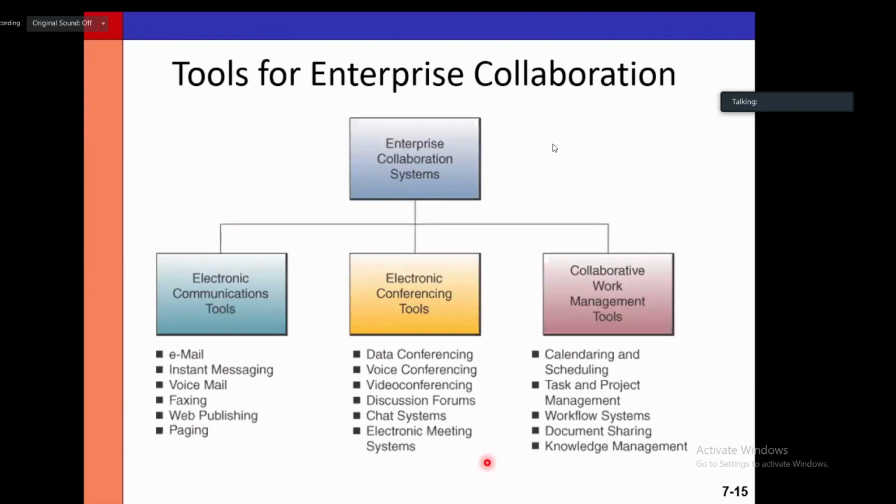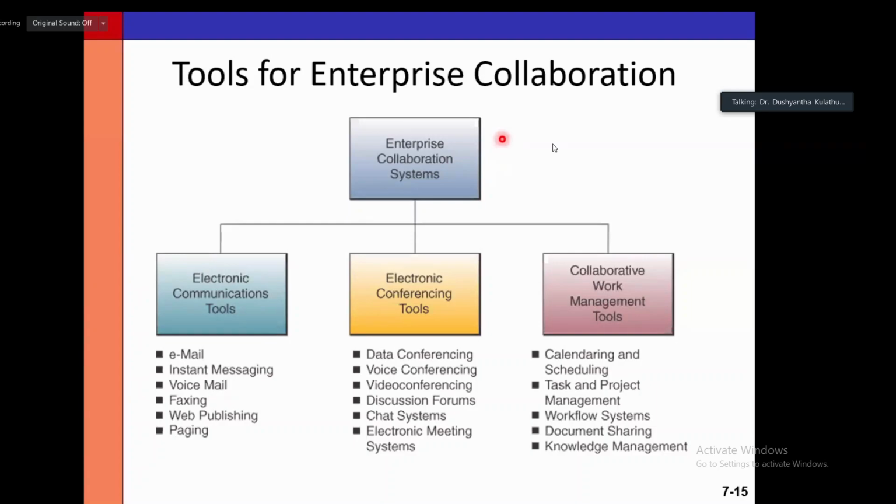Then we are going to look at different tools that are basically used in enterprise collaboration systems. Depending on the type of work that they perform, the tools that they use can change.